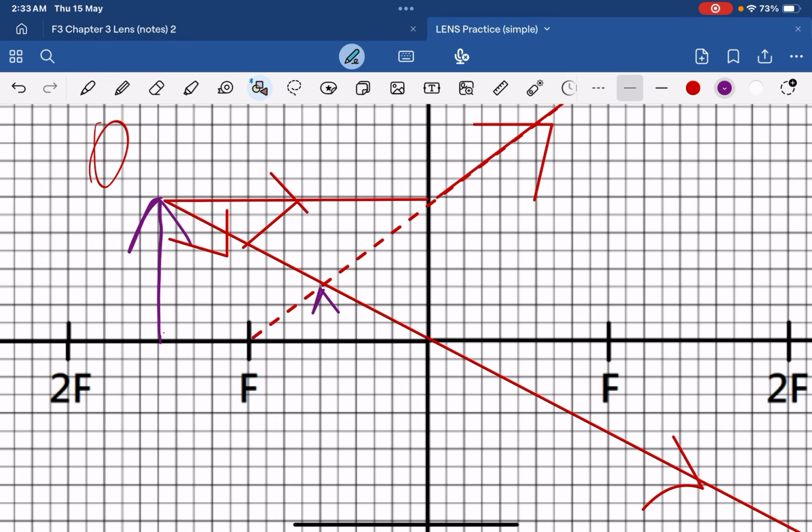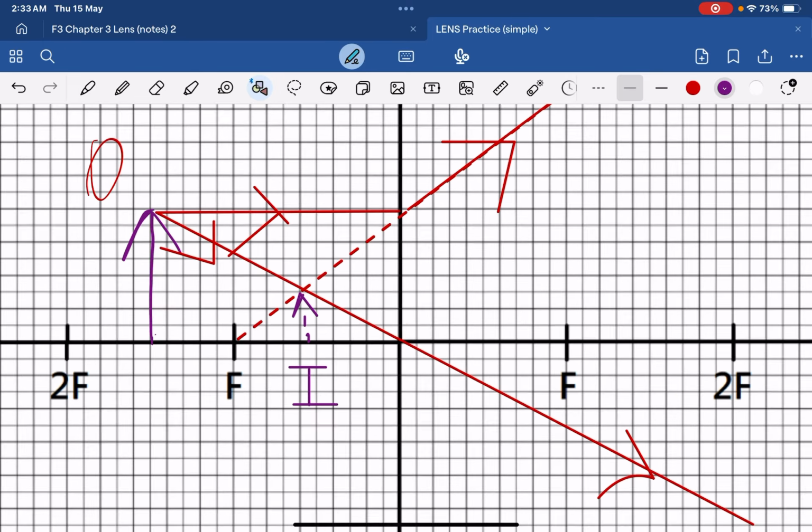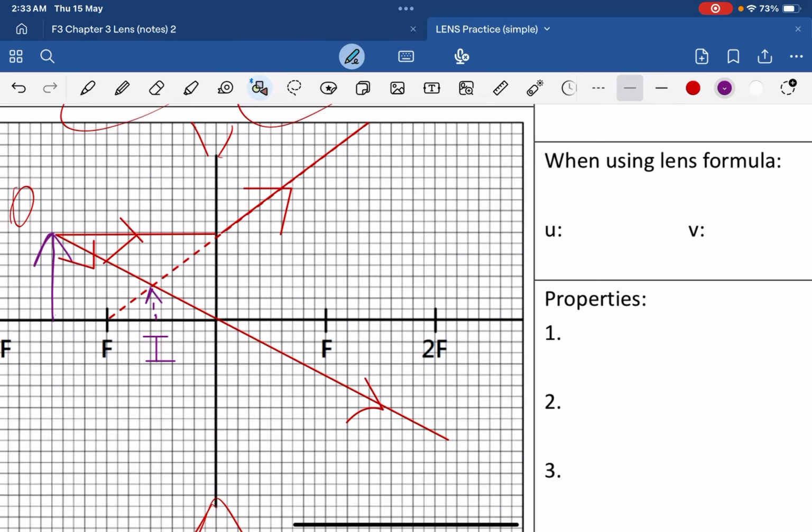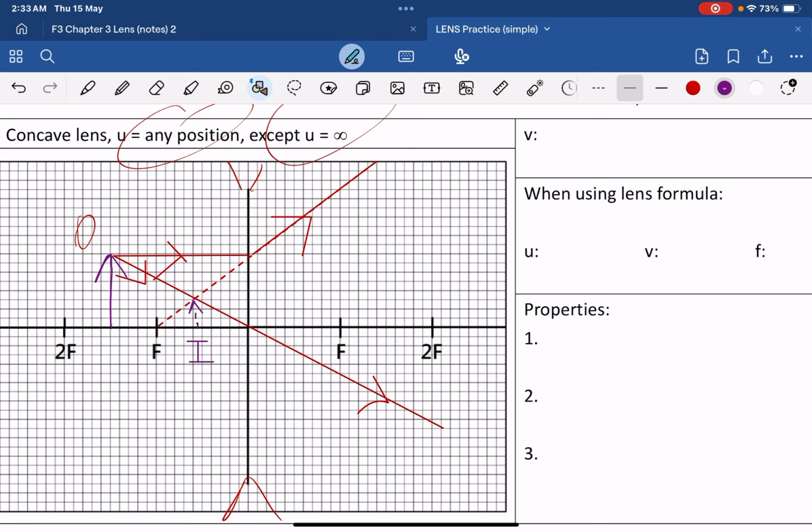So the image is here. It will be a dotted line, because it is a virtual image. So it will be smaller than u. You give a virtual image.